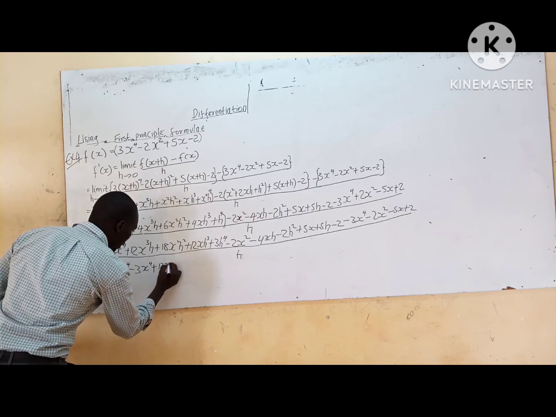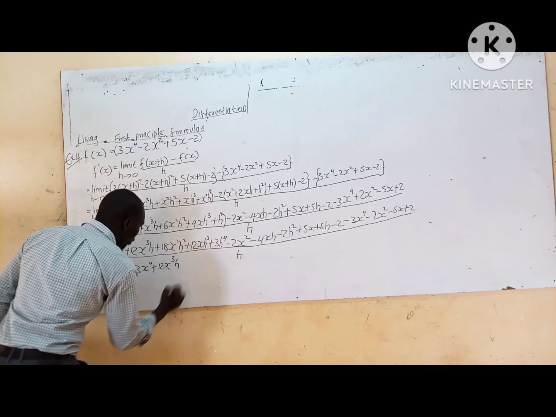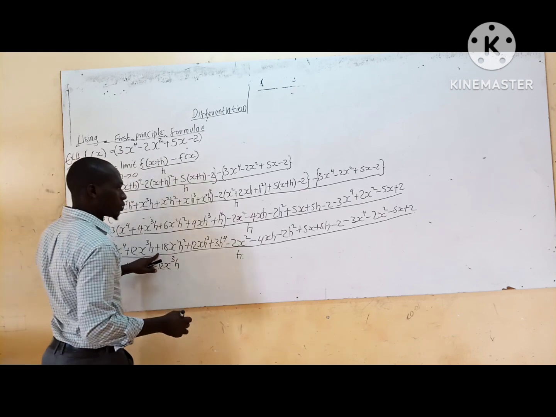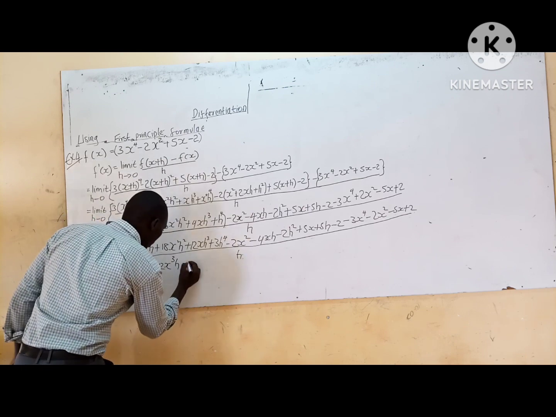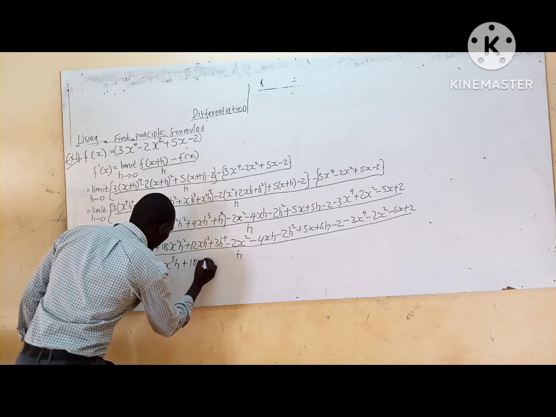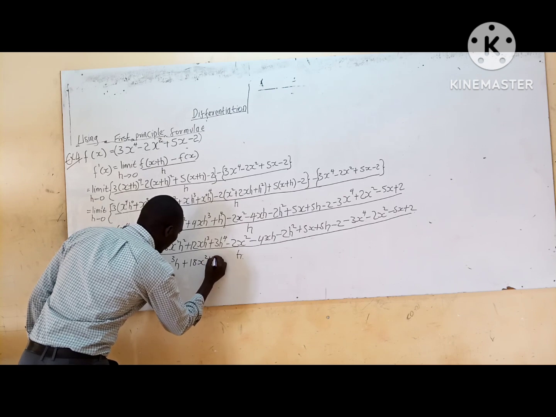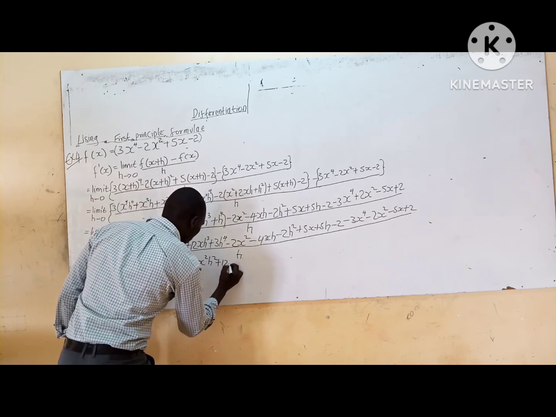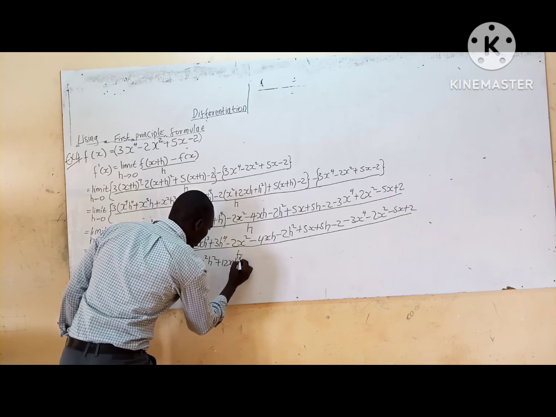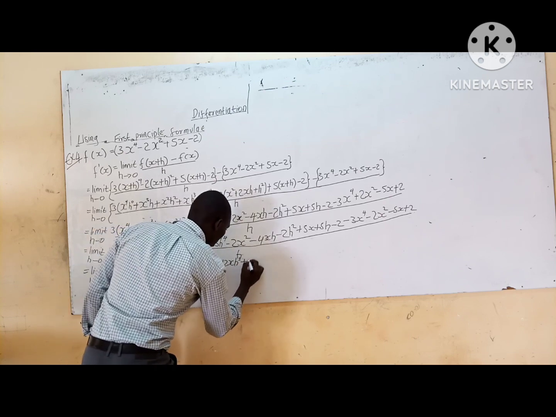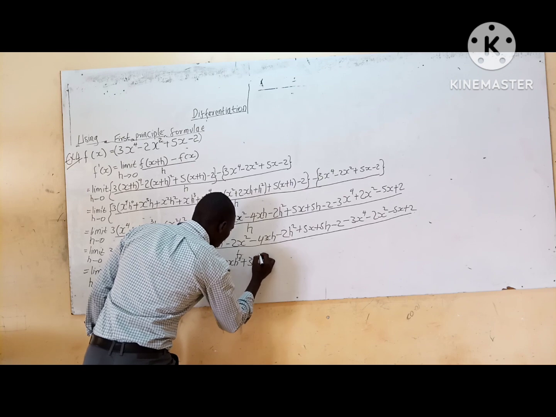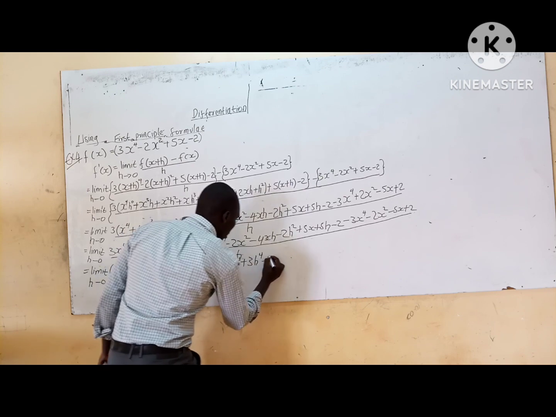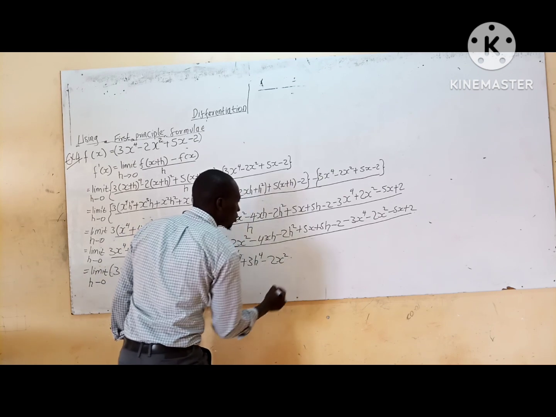Add 12x cubed h. And here 18x squared h squared to x squared.